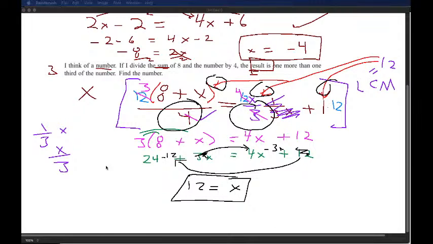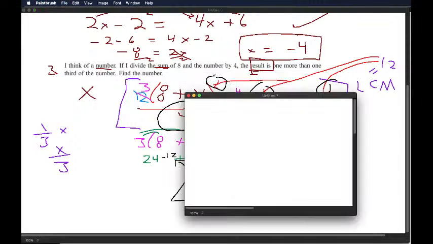All right, so here's a classic. The answer could be ugly because I'm making it up off the top of my head, but let's give it a try.